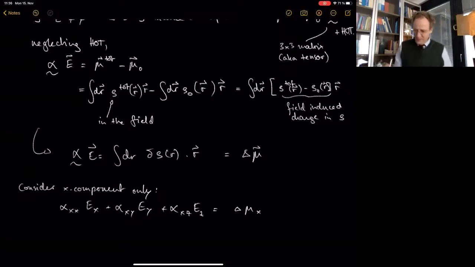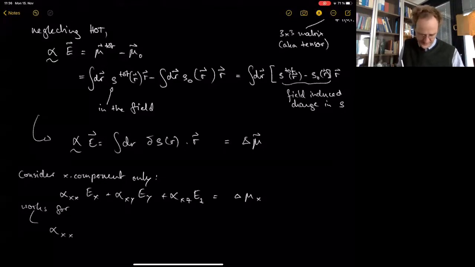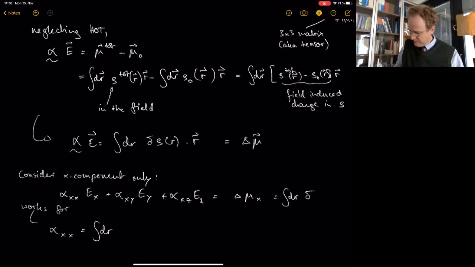So we can get that, right? It works for defining alpha XX as your integral, so that is your change in rho times X, right?